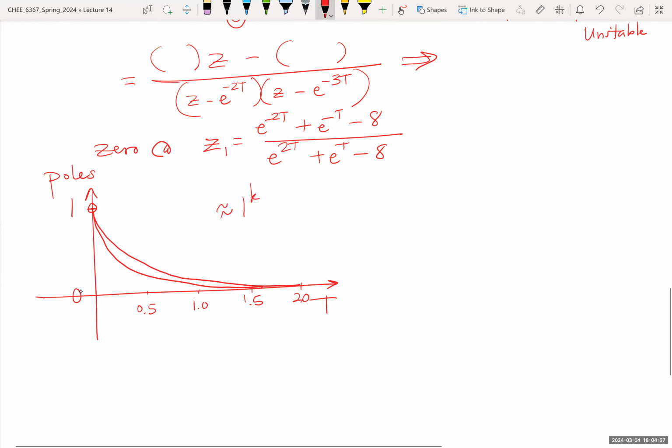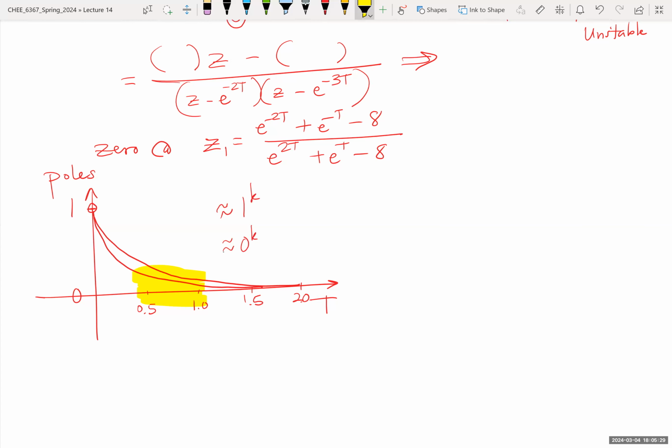If the pole is close to 0, I'll get something like 0 to the k. That says if I sample either too fast or too slow, if the sampling period is too small or too large, I get either no dynamics, everything is constant, or again, no dynamics, nothing changes. It's all at the initial value, okay? So which is why it makes sense to be somewhere in the middle with the sampling period. I cannot sample too fast or too slow.